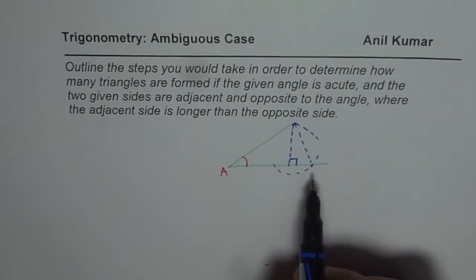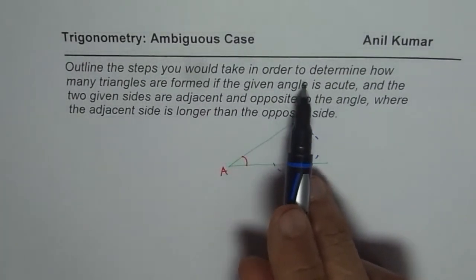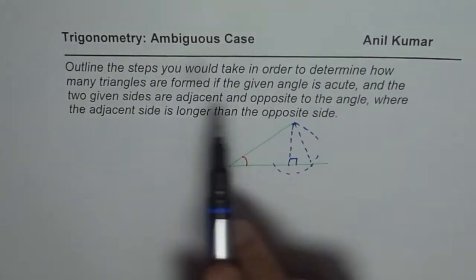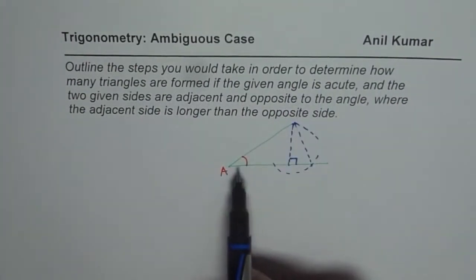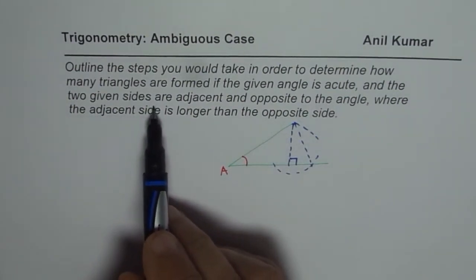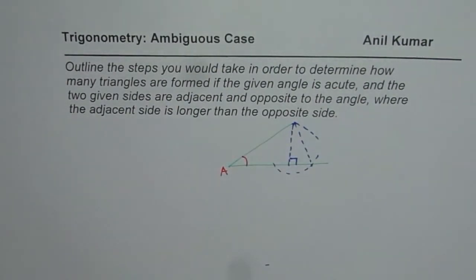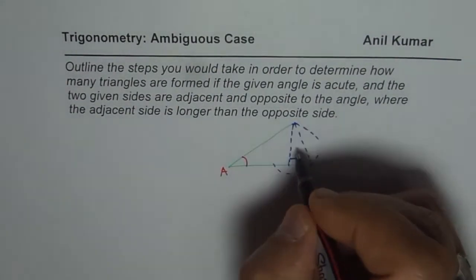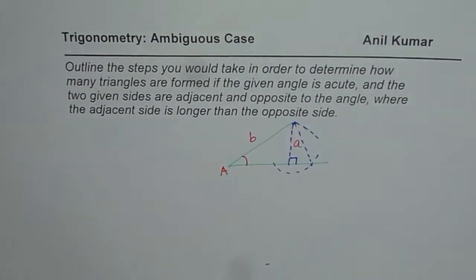Let's read the question once again. Outline the steps you would take in order to determine how many triangles are formed if the given angle is acute. So angle A is acute and the two given sides are adjacent and opposite. The opposite side will always be referred to as a, so let me call this a and let me call this side b.